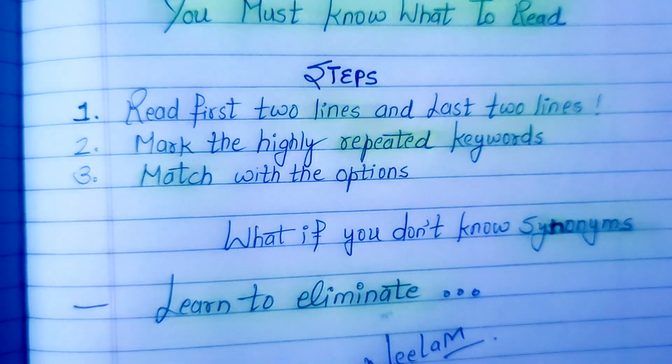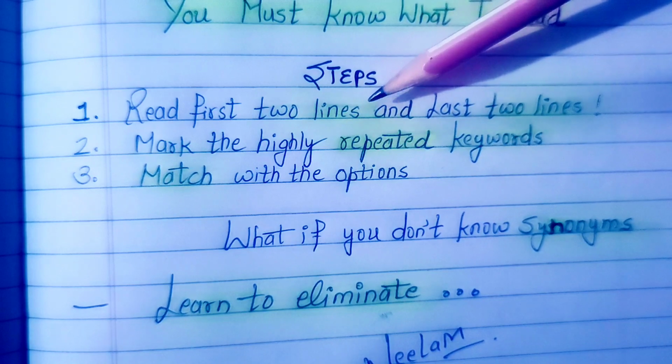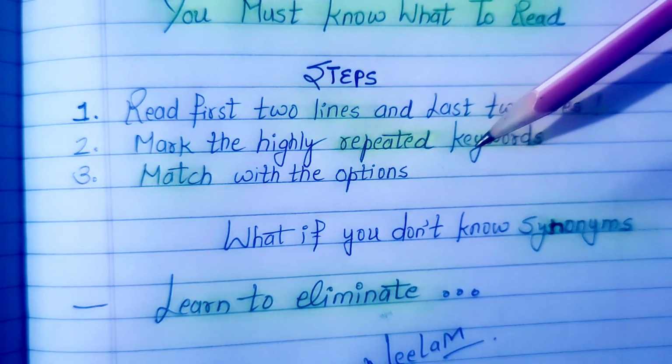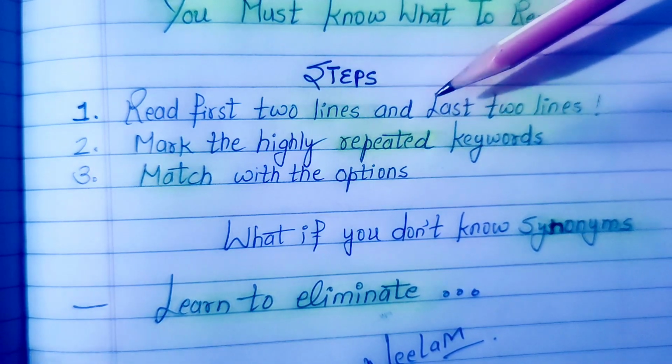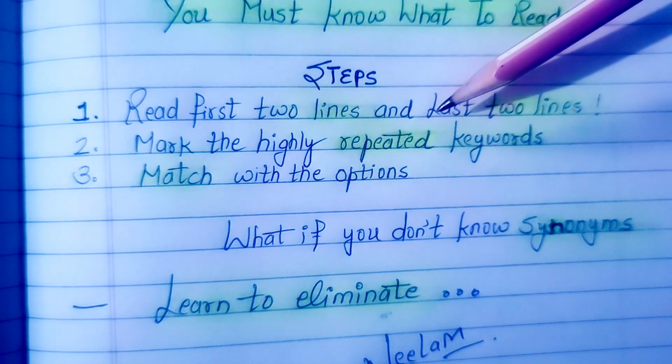Okay, while doing list of headings sort of questions, we come across 2 different situations. In the very first situation, when you read the first 2 lines and last 2 lines, you can easily mark the highly repeated keywords, and you easily get your answer.